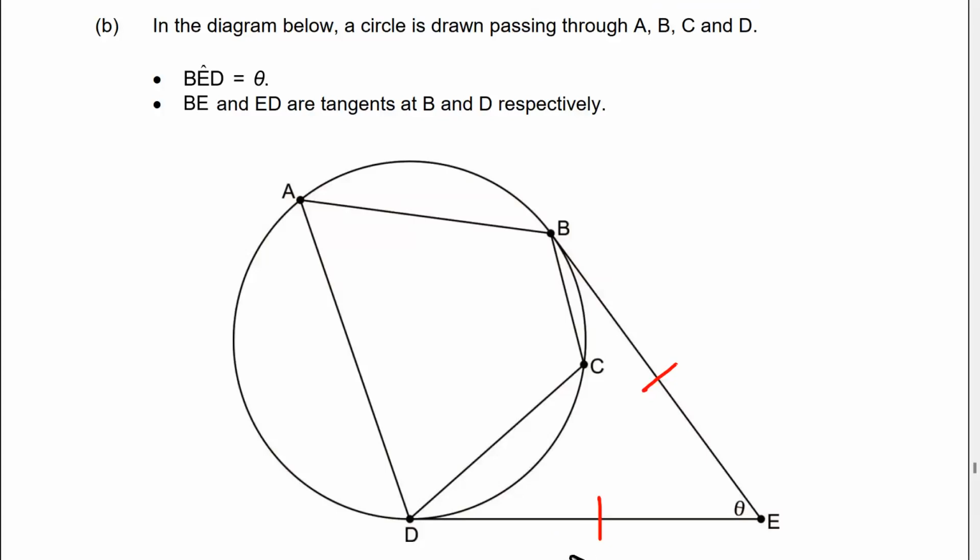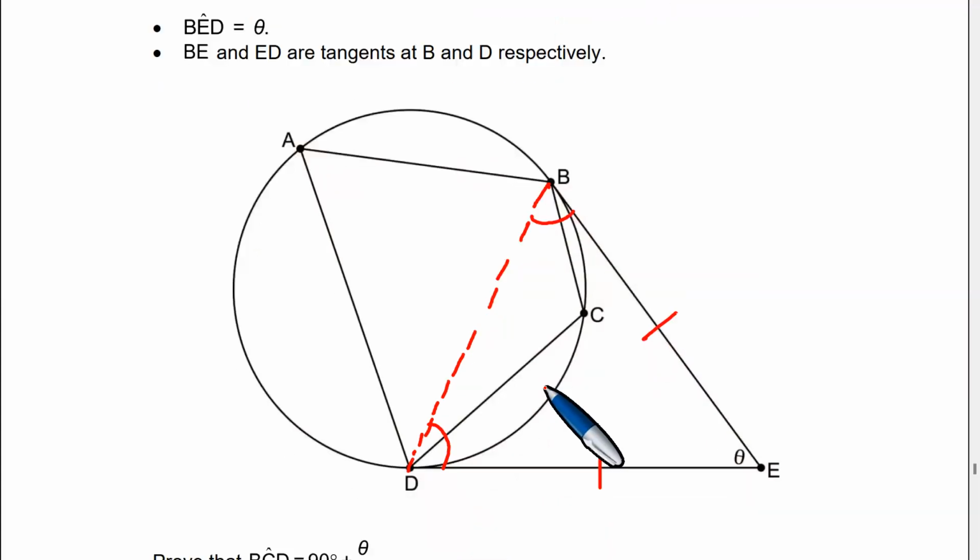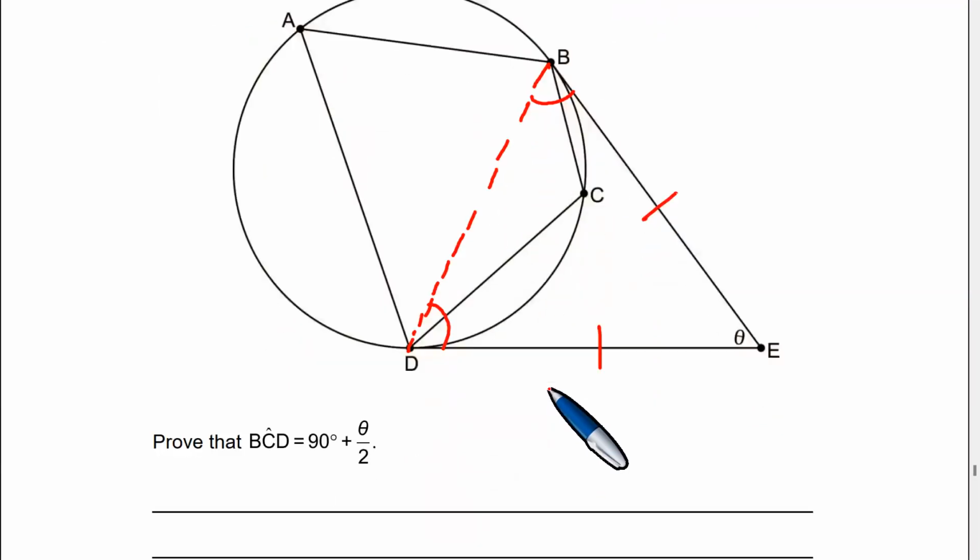So if they're equal, we can construct something here. Once we construct, we realize that we have a triangle, and this angle is going to be equal to that angle there. So that construction is very, very important.